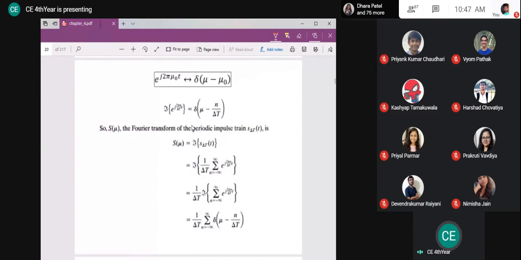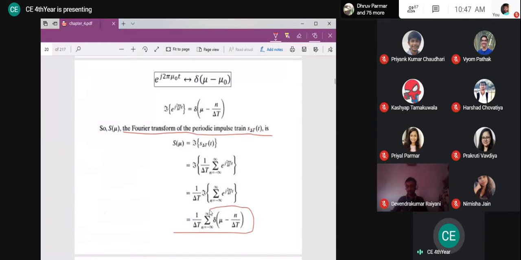This is the Fourier transform of the periodic impulse train that we already found, and it is this one. Just remember, the Fourier transform of an impulse train is 1 by delta t times the summation of delta at n by delta t.